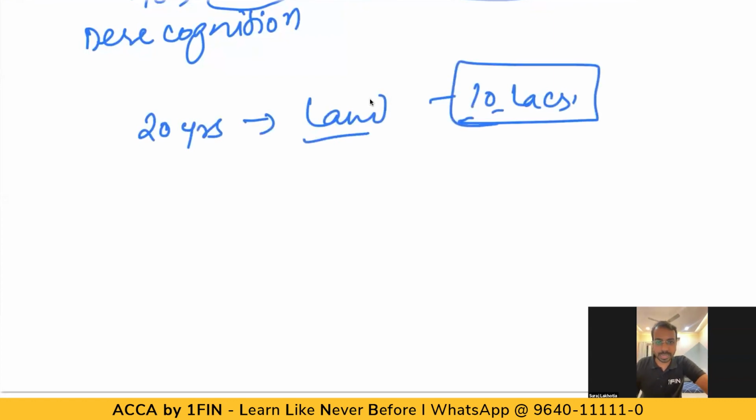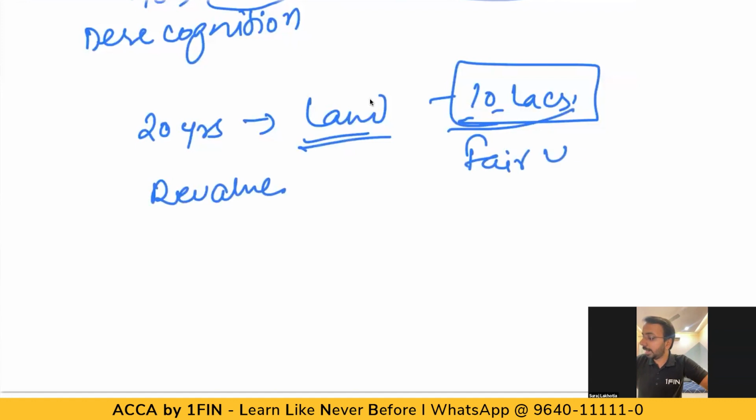So what the standard says, see, you are saying land is at 10 lakhs, but today if you have to go to the market, the land will be worth 15 lakhs, maybe 20 lakhs, 30 lakhs, 50 lakhs, 1 crore. The value is much higher. So what the standard says is, see, this land showing at 10 lakhs may not be appropriate. If you want, you can revalue the land or you can fair value the land.